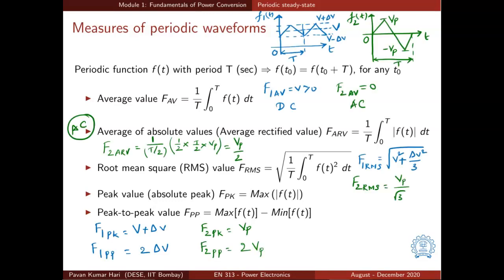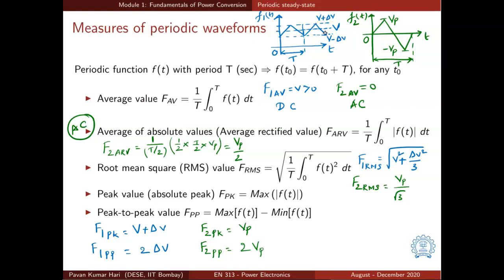Two examples of periodic waveforms are shown here. The blue colored waveform f1 of t is a DC periodic waveform, and the green colored waveform f2 of t is an AC periodic waveform.